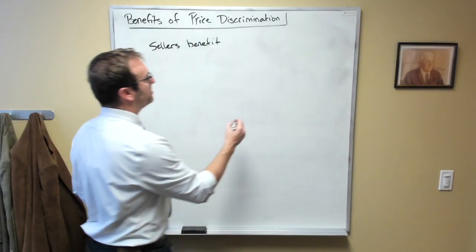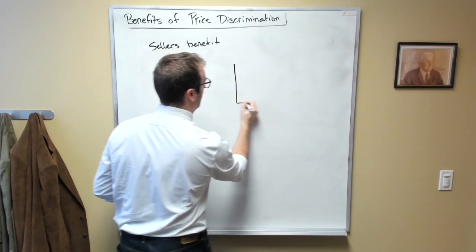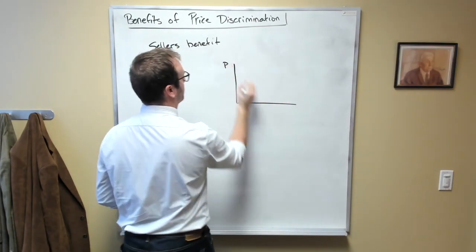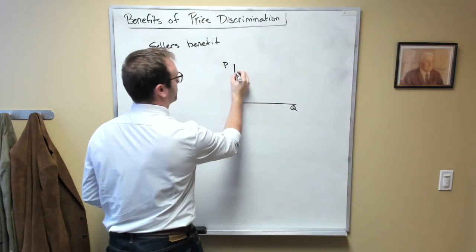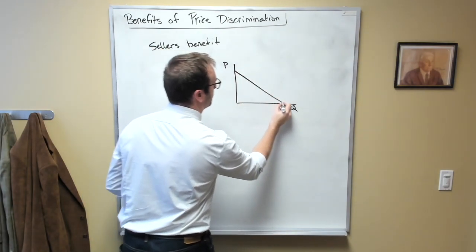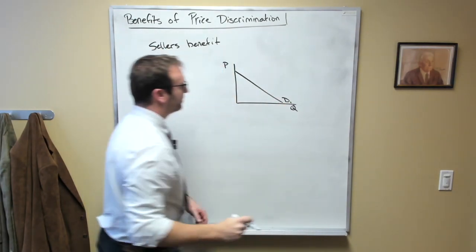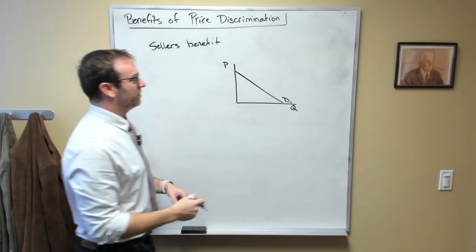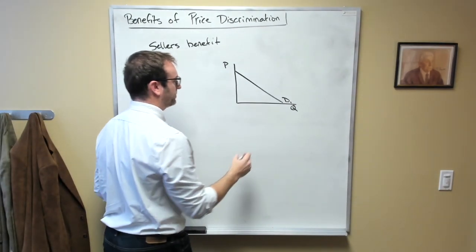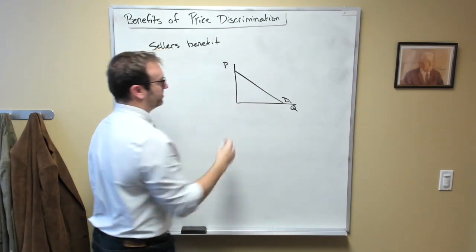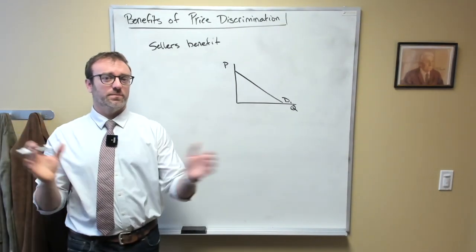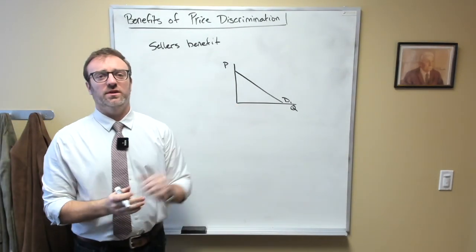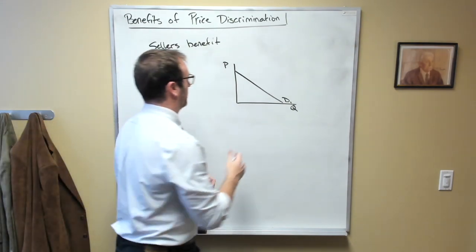Okay, so what we can do is we can show this on a simple demand curve. Let's just assume for simplicity's sake that the cost of production is 0. This is the only firm, it's a monopoly. And so let's say they separate into two different groups. They're able to separate the market into high willingness to pay and low willingness to pay.